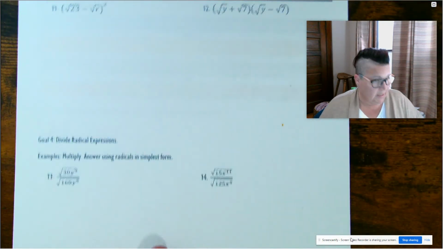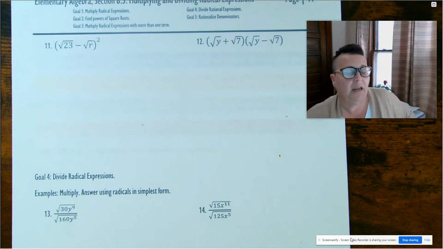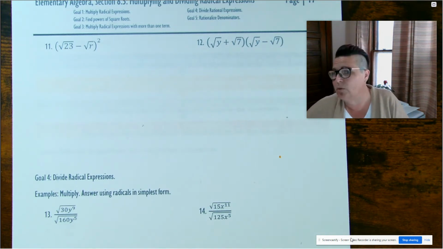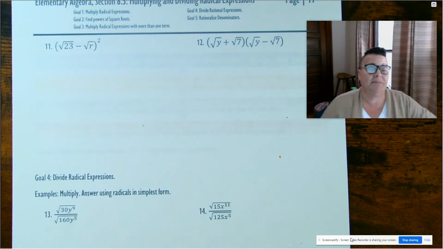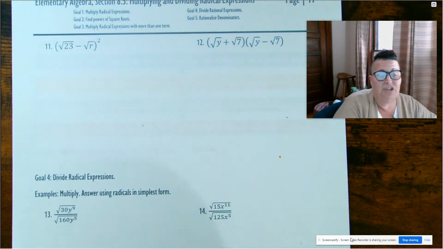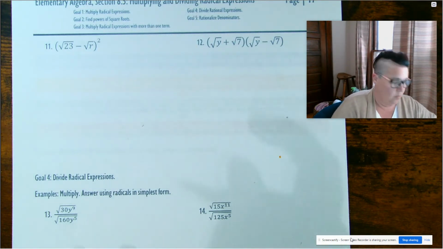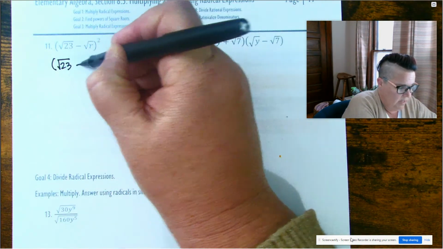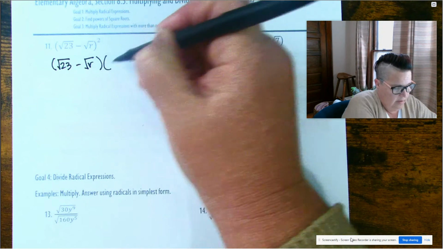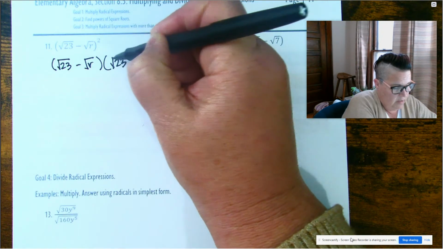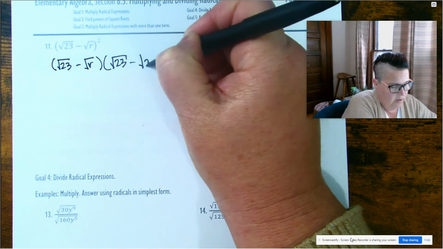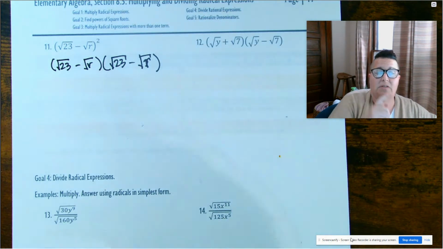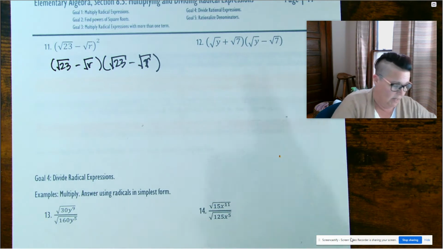Let's kick it up a little bit more. Here I have the square root of 23 minus r, that quantity squared. Now, the temptation here is to just square the first and the last. That's not going to work, because this is the square root of 23 minus the square root of r times the square root of 23 minus the square root of r. This is our typical square, multiply, double, square.